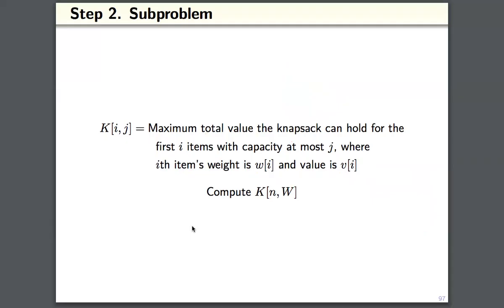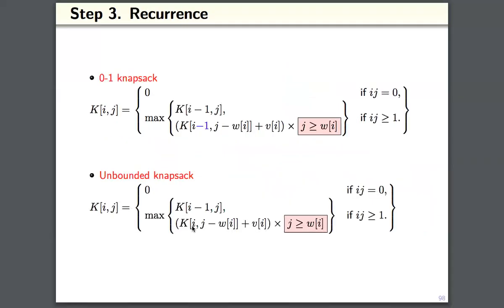So, okay. Let's continue. So here are our recurrences. I mean, we will try to understand this, right? We have the 0, 1 version. We have the unbounded version. And these are the recurrences. And can you see the differences between these two versions? What's the difference?